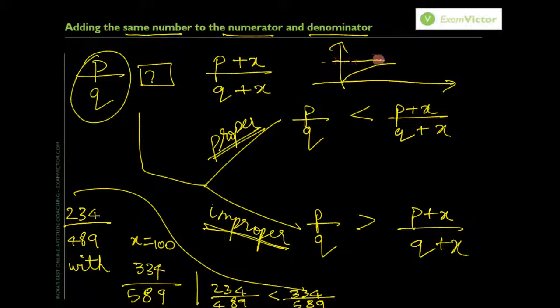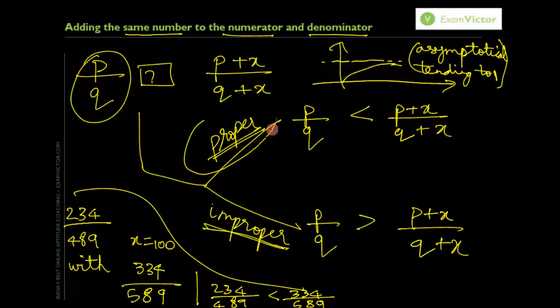This is called asymptotically tending to 1. It doesn't matter, not important, you don't have to know this. This is just for your information. As you keep adding larger and larger x, the fraction will keep getting closer and closer to 1. It will never reach 1. That's all for this branch when it is a proper fraction.